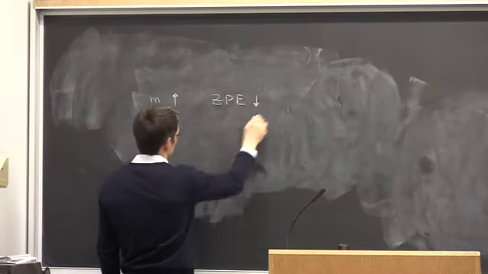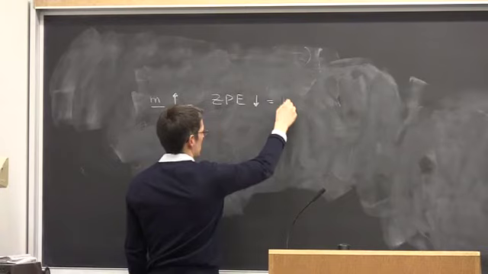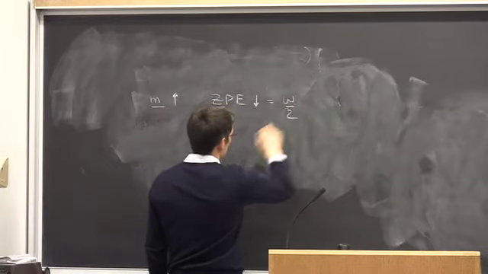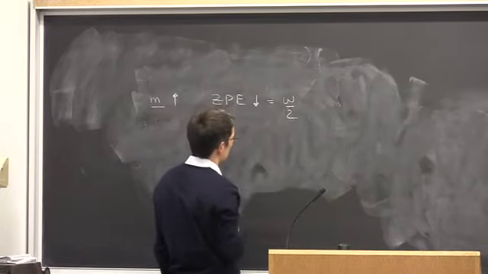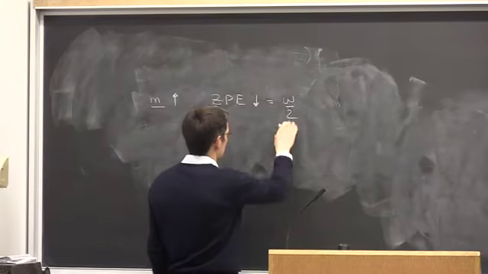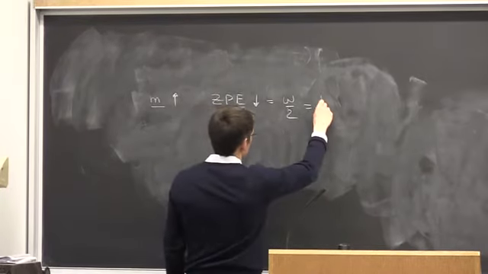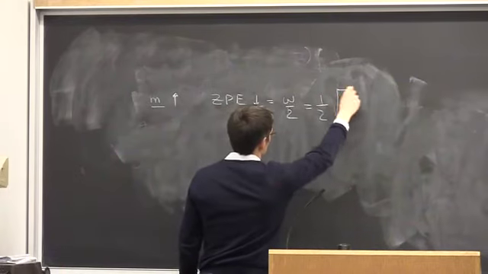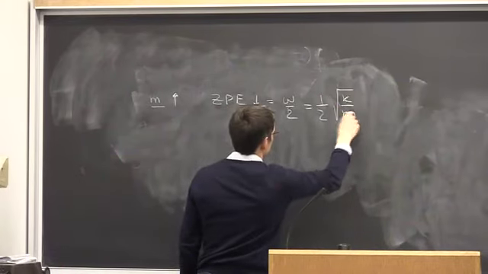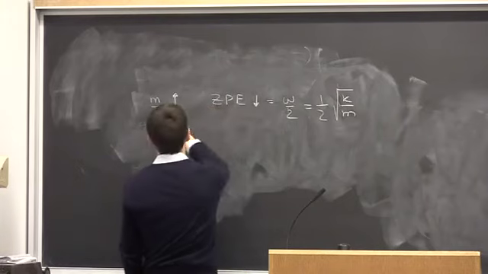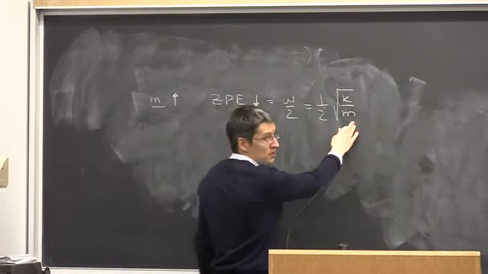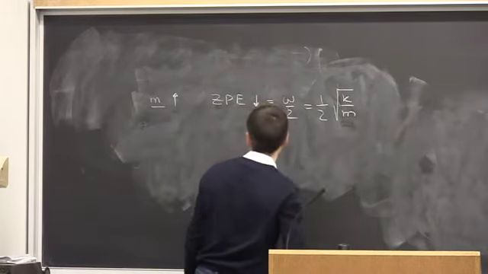The zero-point energy goes down because it is equal to the sum of the kinetic and potential energies for the ground state, and it's omega divided by 2, which is 1/2 of the square root of k divided by m, right? And if mass goes up, then this expression goes down.